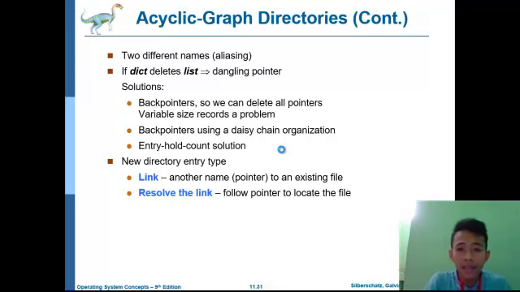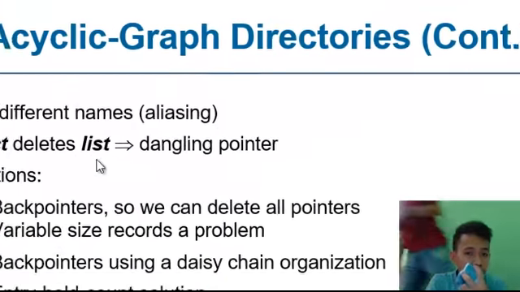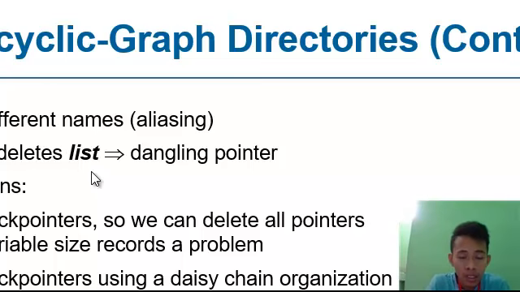Acyclic graph directories: may dalawang different names. So, if it deletes this, ito yung dalawang different names ng directories. Dangling pointers. Back pointers, so we can delete all pointers.